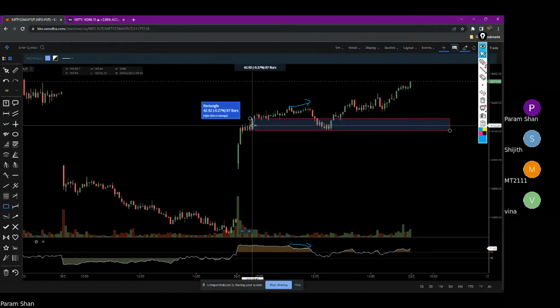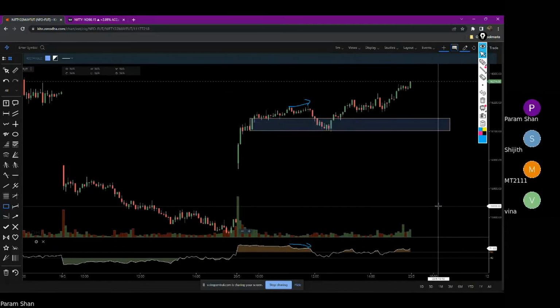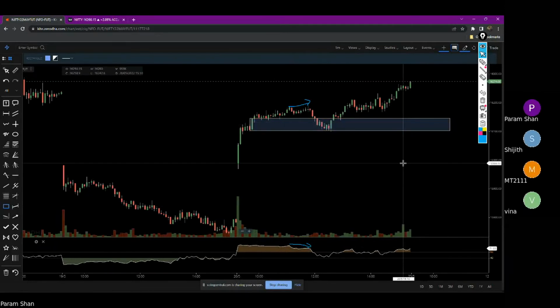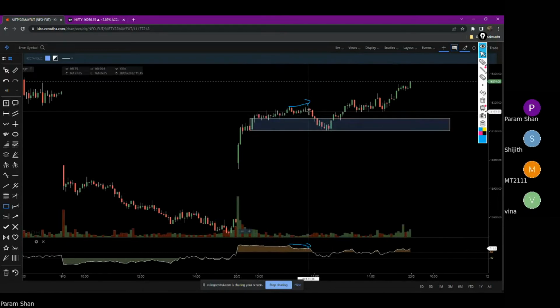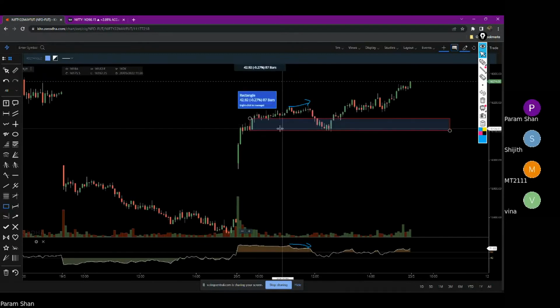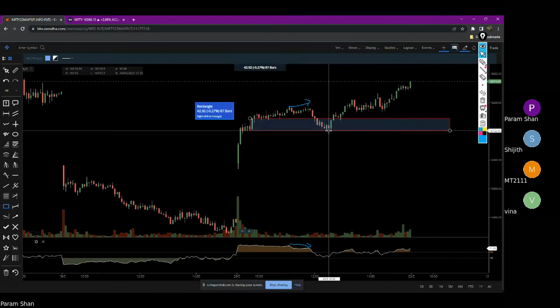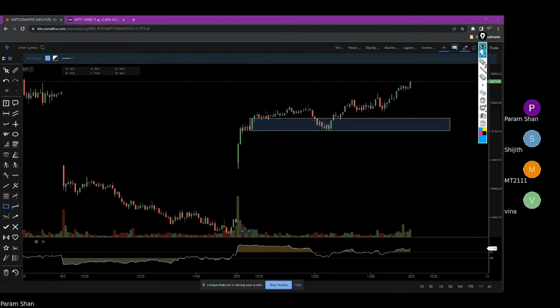Based on our volume candle, we have drawn this box already. So what I did exactly: when it lost strength, breaking this particular zone, I took a short position, and I closed my position here because I know this is a strong support area intraday. I was happy, 2,500 profit done. Let us see whether we have any other opportunities like this.